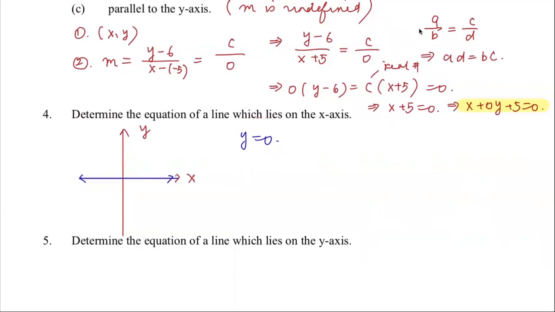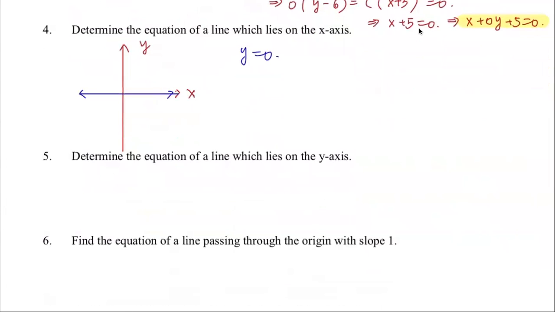Okay. And number 5, determine the equation of a line which lies on the y-axis. It's the same, right? I really don't think you need to really prove or do all the calculation. You can just remember this. Okay, x, y.